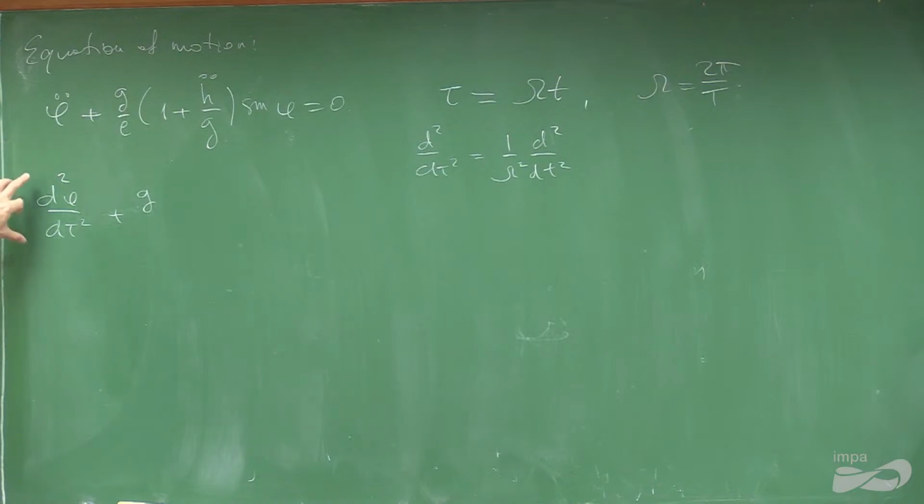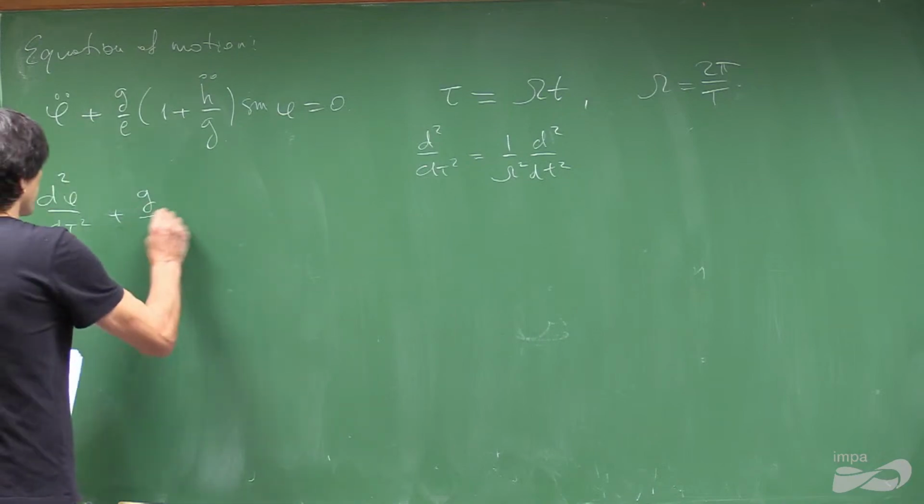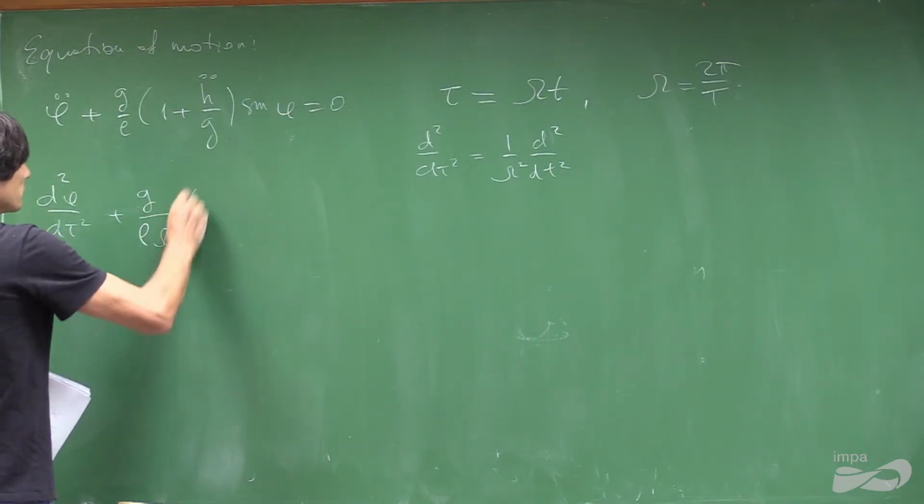Essentially, in order to obtain this from that, we divide this side by omega squared.